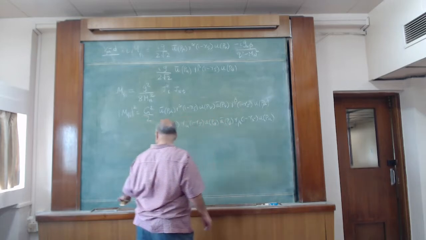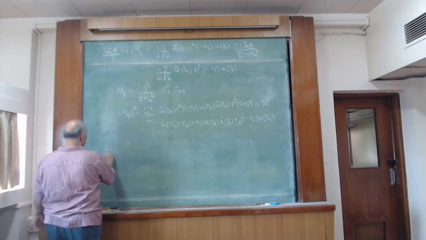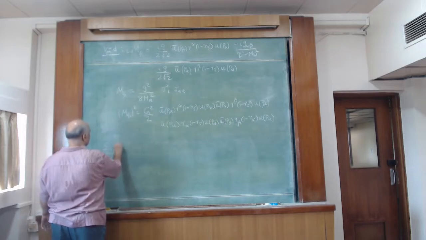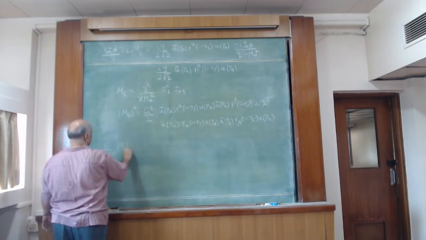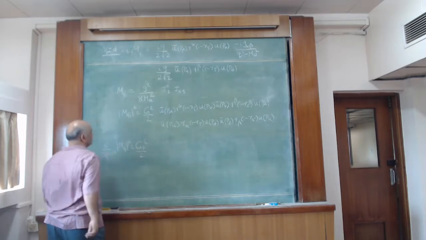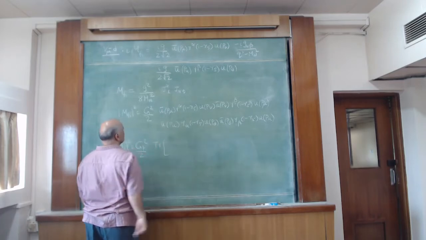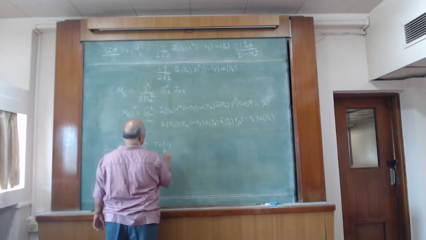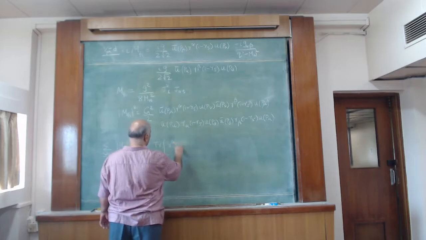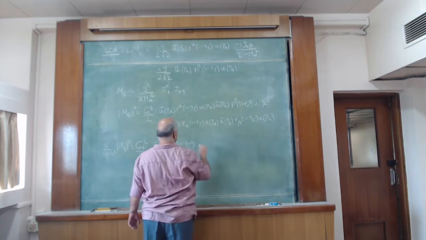So when I do that and do the spin sums, I get G squared by 2 trace gamma alpha 1 minus gamma 5 U bar.